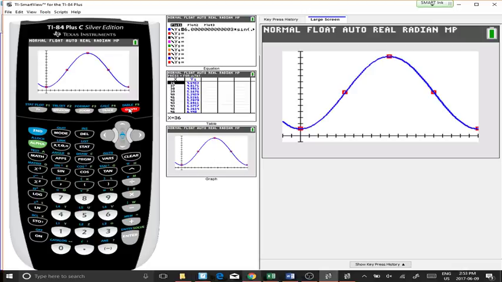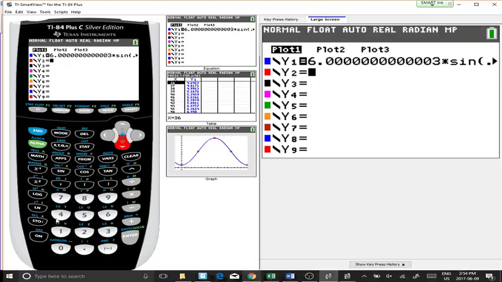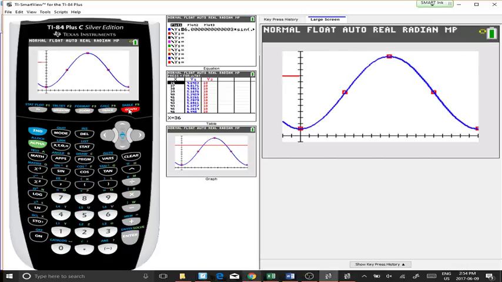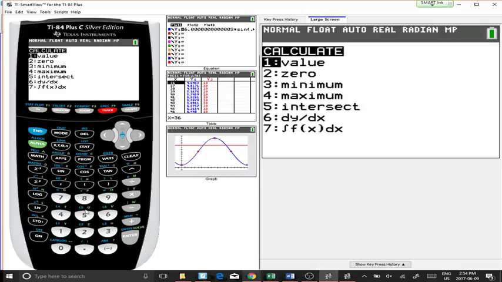Okay, there we go. But how long is it 10 meters high or higher? We create a second equation, Y equals 10. We hit graph, and we need to find the intersection points. Second, calc, intersect.